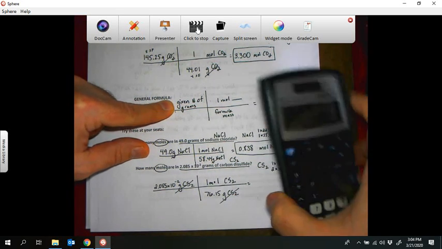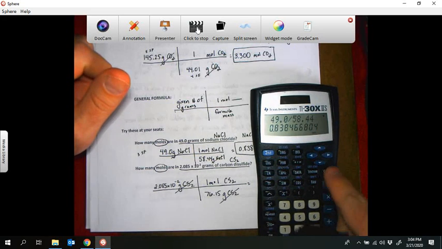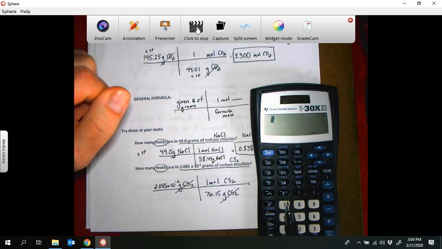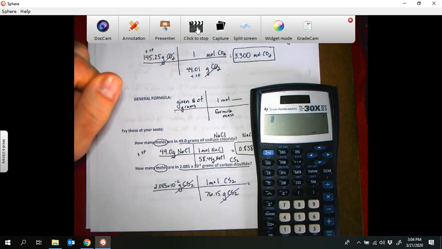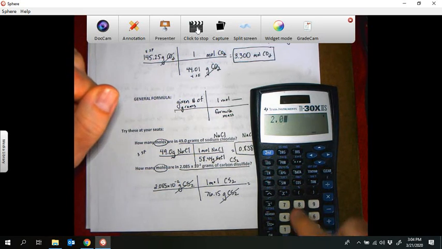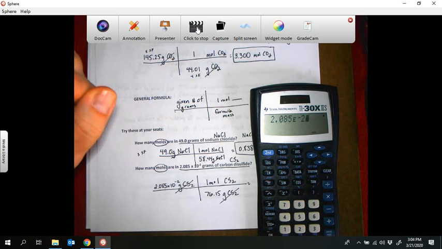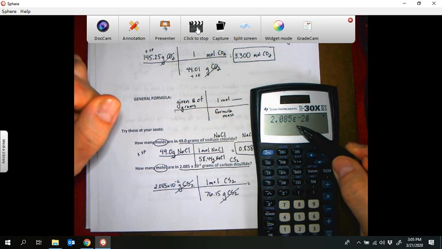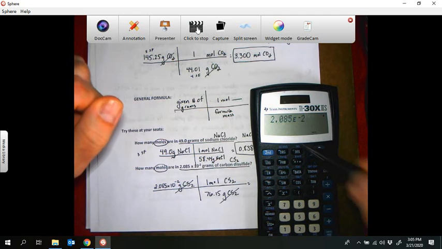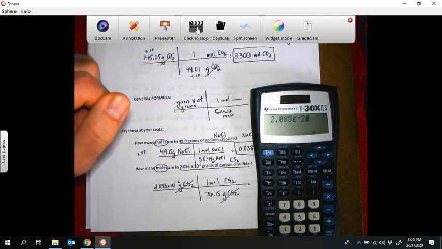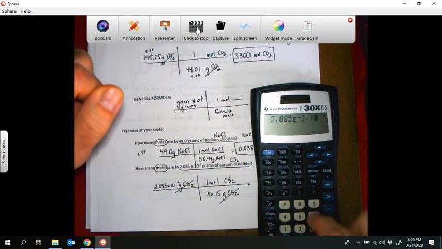And remember in our calculators, when we have scientific notation, we use an EE button. So 2.085 EE on this calculator minus 2. That little E right there in the calculator stands for times 10 to the. And then we divide it by 76.15.